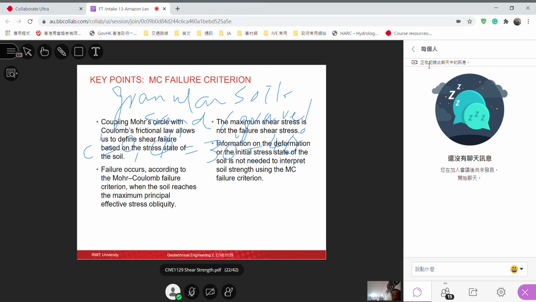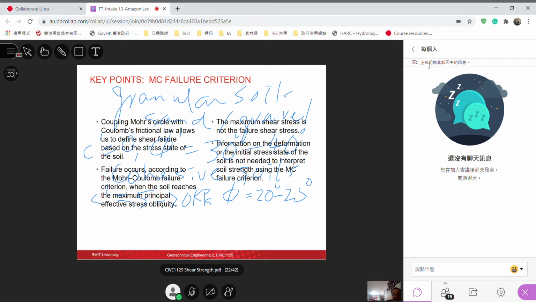For cohesive soil, fine-grained soil, the cohesion intercept is small, maybe from 5 to 20 kPa, and the angle of friction is around 20 to 25 degrees.